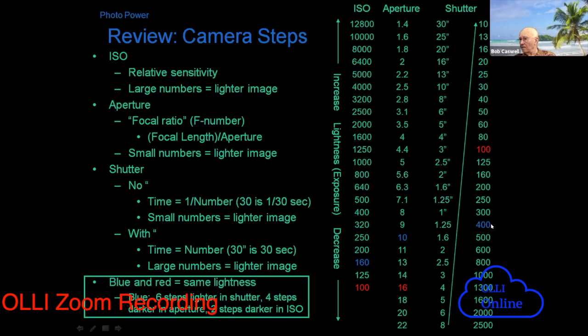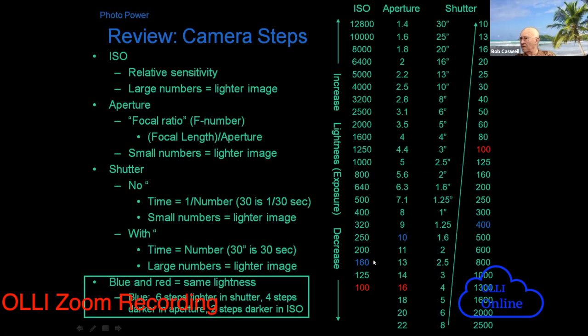Now to correct for that, you need to move 6 steps up in the other 2 columns. You could go from F16 up 6 steps. That would be F8. That would be fine. What I've done in this example is I moved up 4 steps to F10, and then I moved up 2 steps to ISO 160. So it was 6 steps down, 4 steps up, plus 2 more steps up.